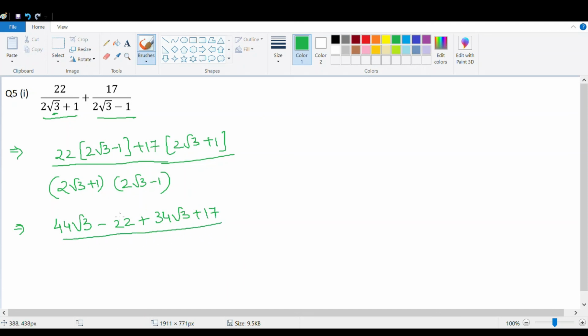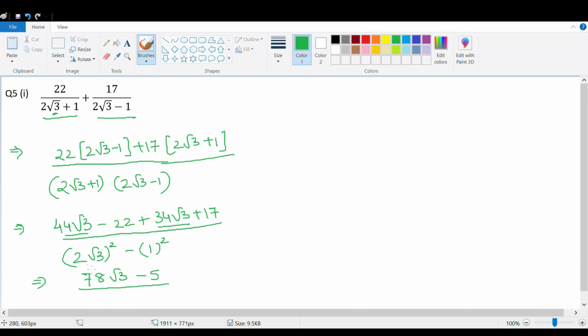And in the denominator, I have (x plus y) multiplied with (x minus y), which is x square minus y square. In the numerator, 44 root 3 and 34 root 3 gives me 78 root 3, minus 22 plus 17, that's minus 5.